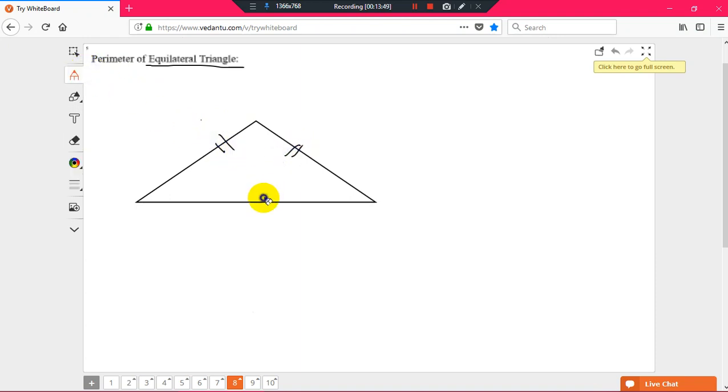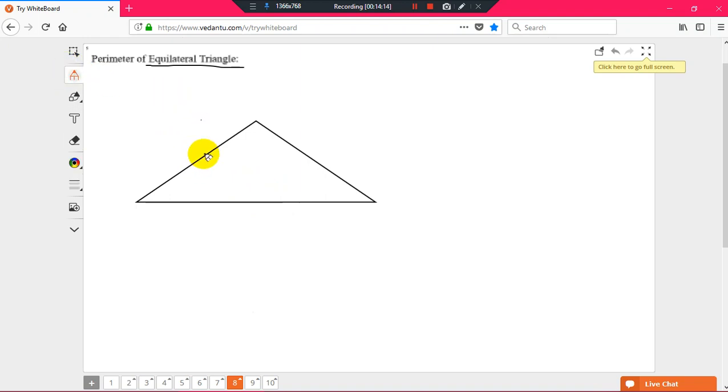See, all the sides are equal. There are two more types of triangles, scalene and isosceles, but we are not going to find perimeters for them. We are going to find it just for the first triangle, which is the equilateral triangle.